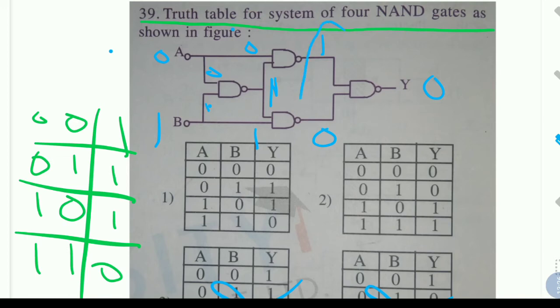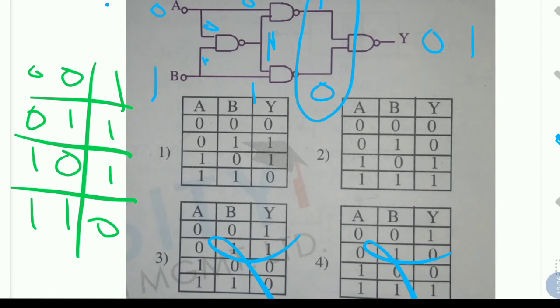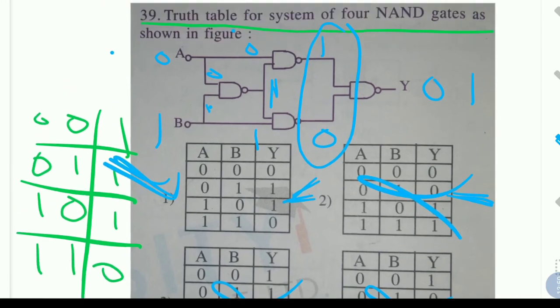Next 1 0 1 0 1. Output is equal 1. So option, the second one is 0. Check here. Second one is 1. So our answer, first one is right.